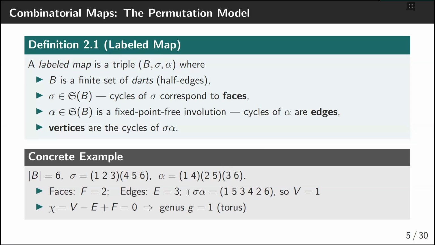So the way it's grouped, you see that the cycles of sigma alpha are vertices. So it's 1, 5, 3, 4, 2, 6. These are vertices. And then we just map it back to the definition, and you'll see that this is a concrete example of how we define the labeled map as a triple.